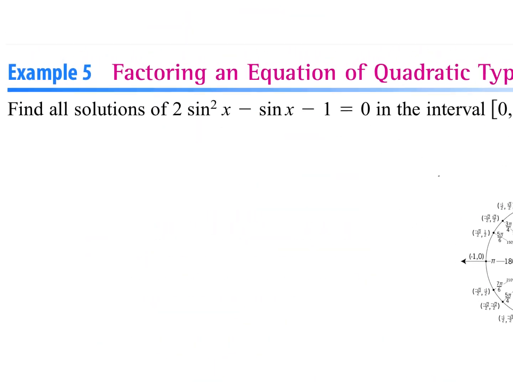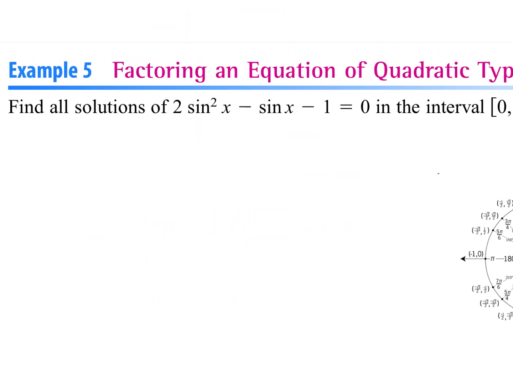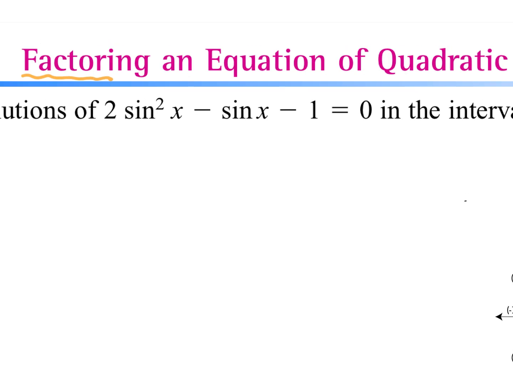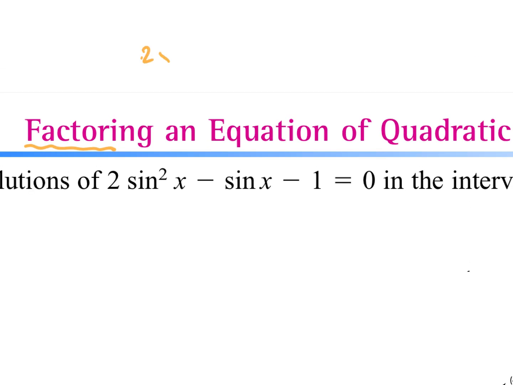So example 5 also kind of gives us a hint of what we're going to do. In the directions it says to factor. It's already equal to 0 here. How can we factor this? What should we do? If this was like 2x squared minus x minus 1 equals 0, what would we do to factor?